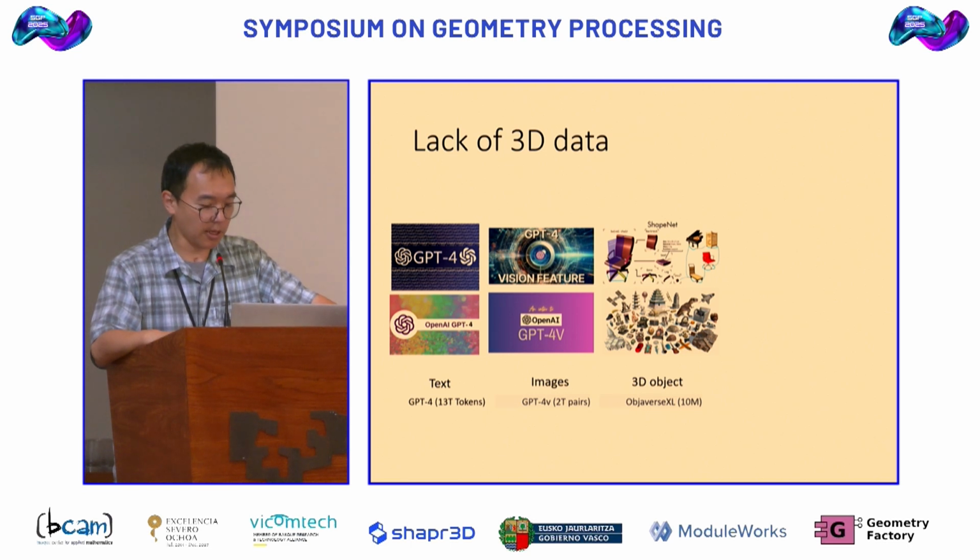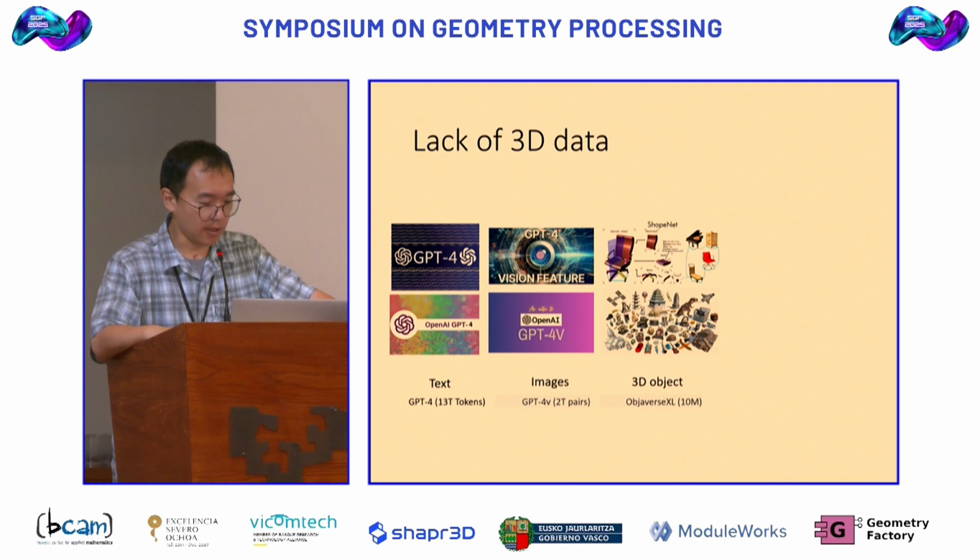But in the 3D domain, even for objects, we have at most 10 million 3D objects. So there is about a factor of 1 million in scale between text and image data and the 3D data we have.